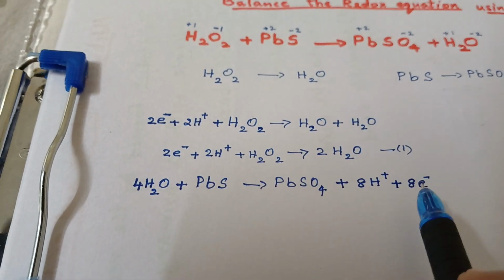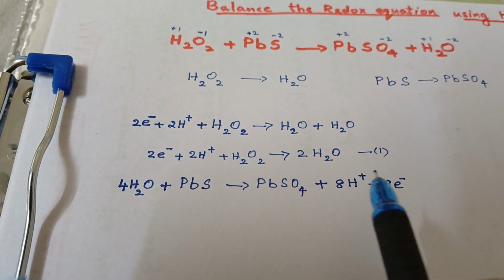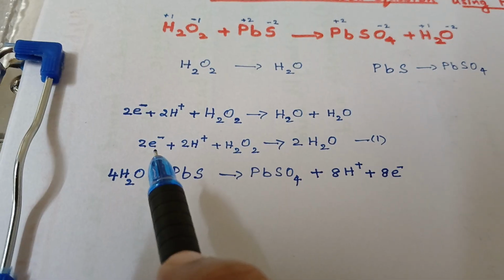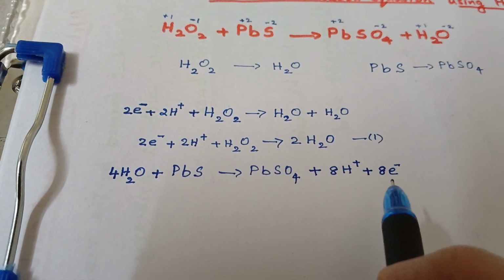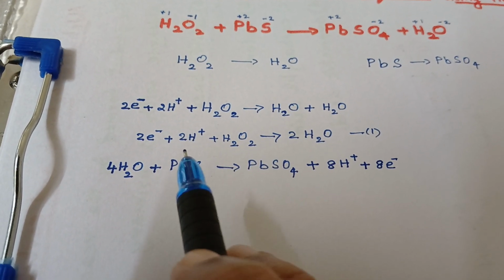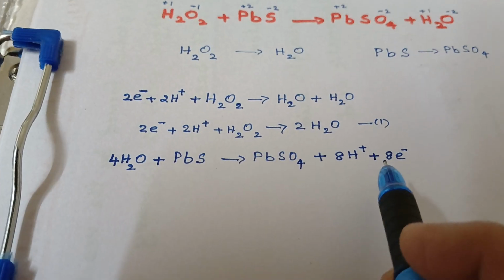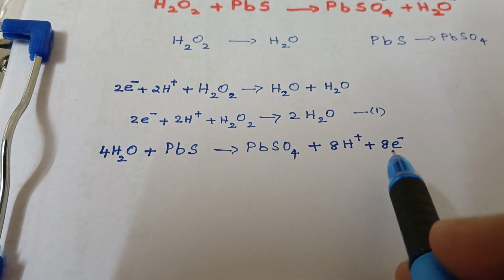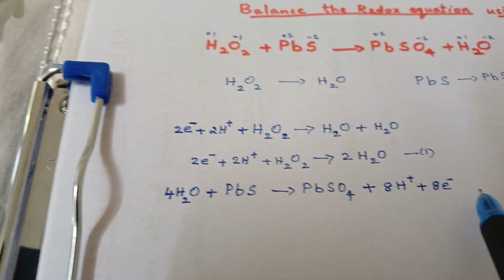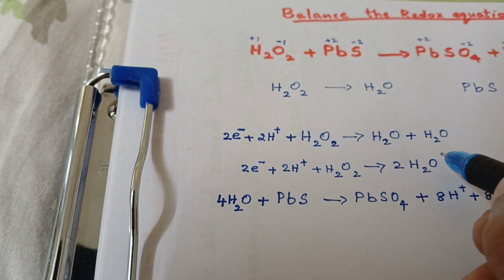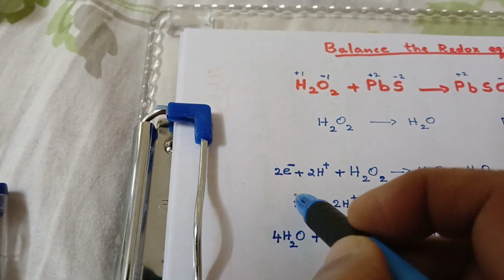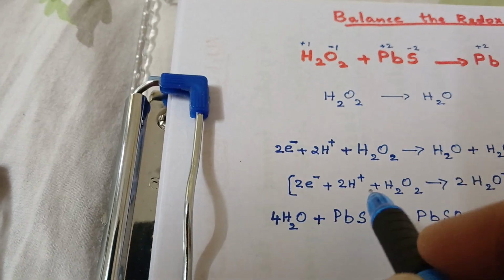So how do we do that? We need to make it equal to 8, using the LCM, least common multiple. In order to make the number of electrons the same, that is 8 electrons, we have to multiply this equation by 4. So then it will become 8.